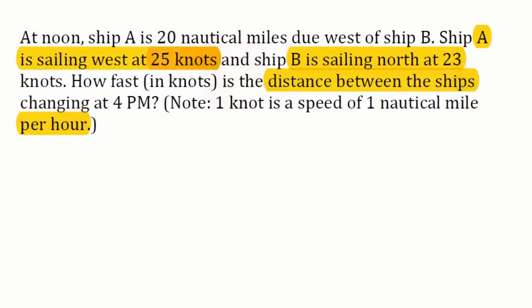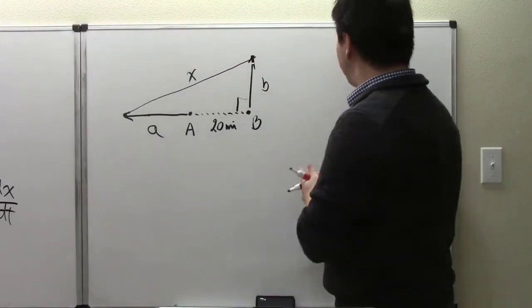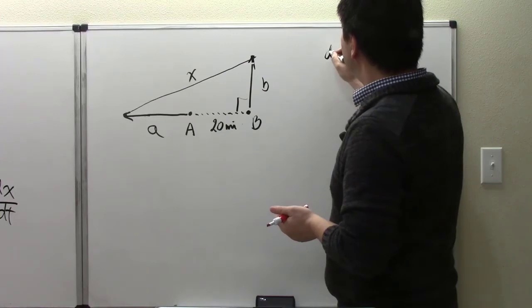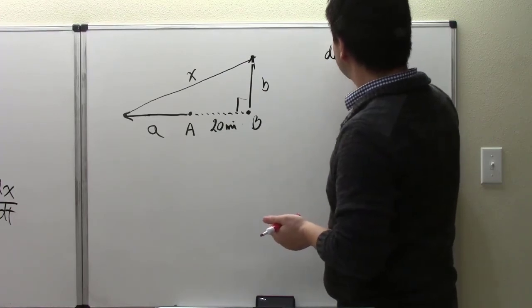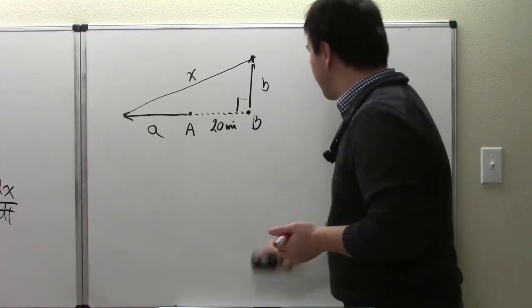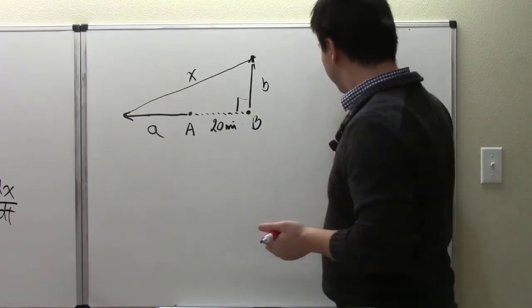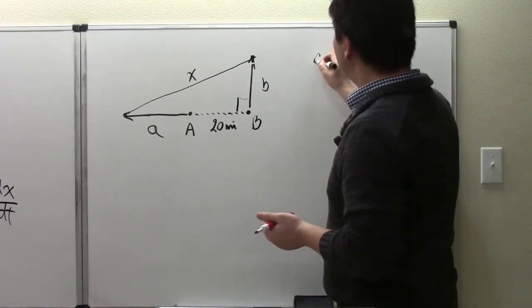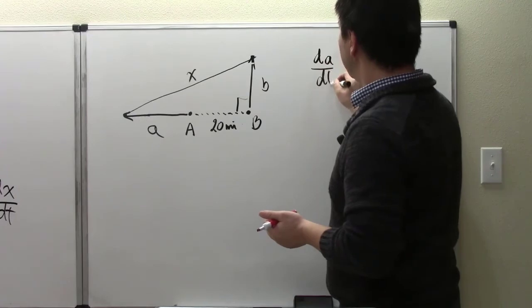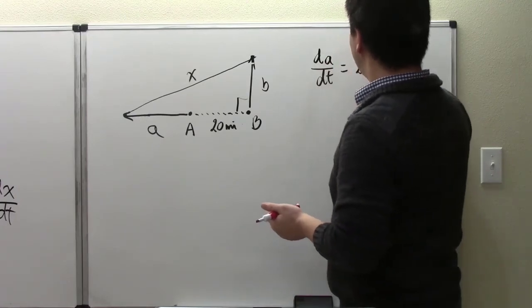Now let's look at the computer screen here. Ship A is sailing west at 25 knots. So now we actually know dA/dt. That highlighted information is valuable for us: dA/dt is actually 25 knots.